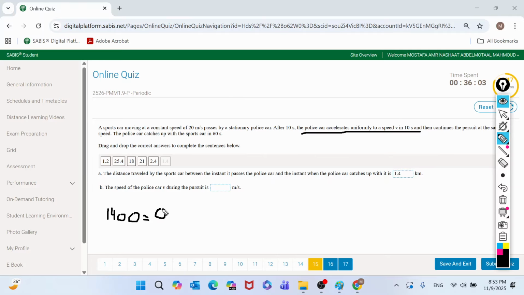V final plus v initial, so 0 plus v, because we know v initial is 0 because the car starts from rest, over 2 times 10. Okay, plus, now it reached v. Wait, let me explain why, because it wasn't clear. Wait, let me restart the explanation.